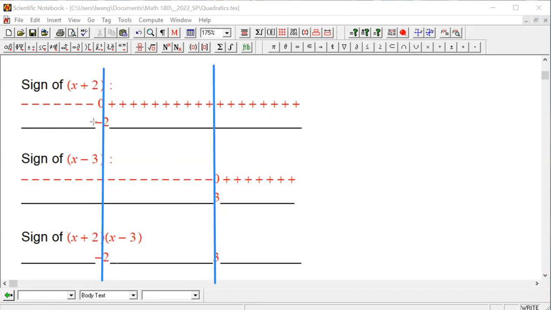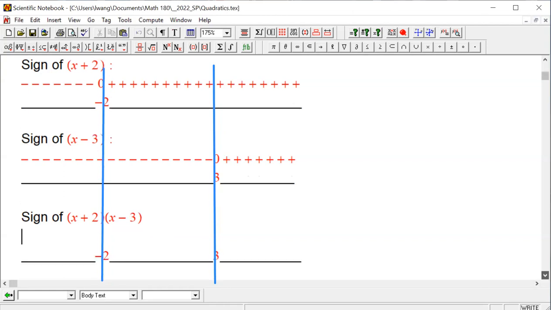So 3 is larger than -2. Now I can figure out the sign of the product. Suppose I pick a number here. This number obviously is less than -2. For less than -2, regarding this product, I have a negative times negative, because this number has a place in x plus 2 and x minus 3.